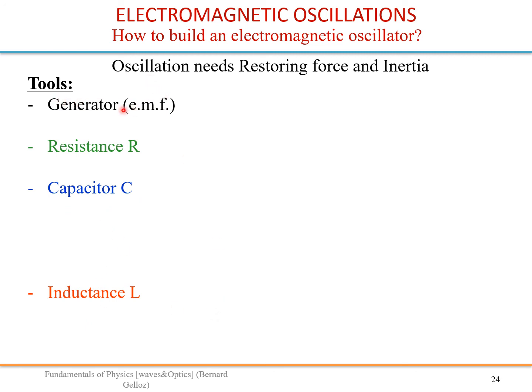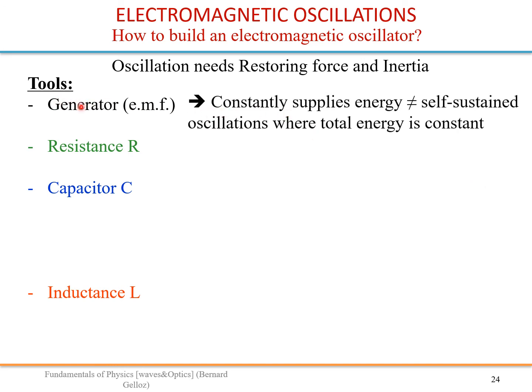So let's look at the first one, a generator. This in fact is a source of energy. It's a power, so it constantly supplies energy at a given power. So this would be a driven oscillator. If you put that in a circuit, you would have driven oscillation.